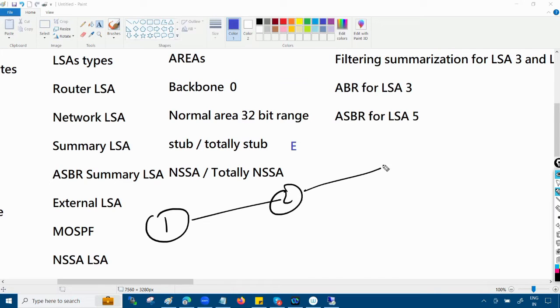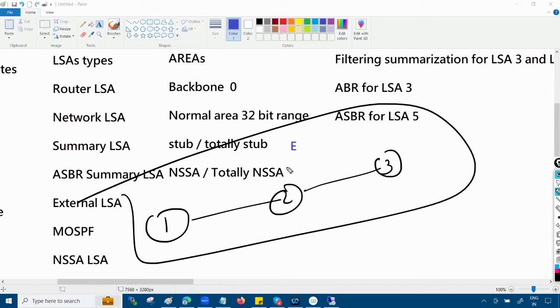And then again, if R3 is part of the same area, then you need to configure router 3 as a stub, because this one is going to send the E flag, and this also has to send the E flag. So if you want to configure stub, you have to configure the complete area to exchange the E flag. And again, that creates a problem.